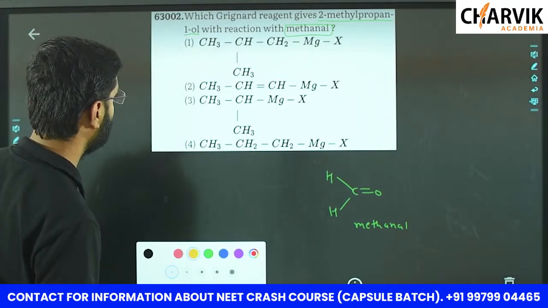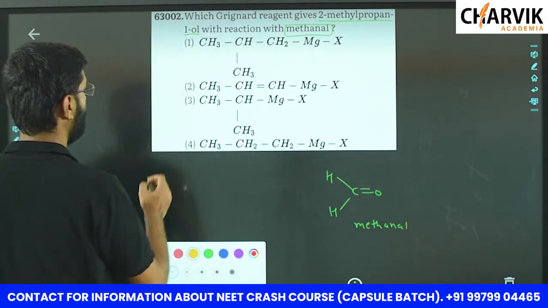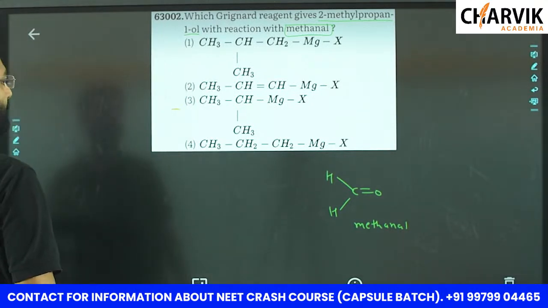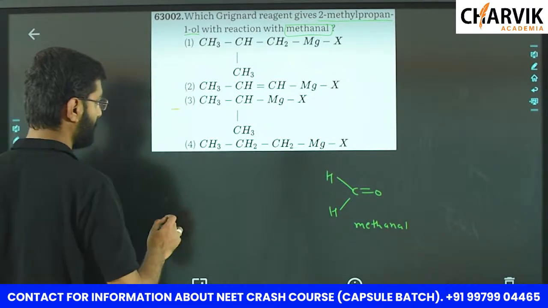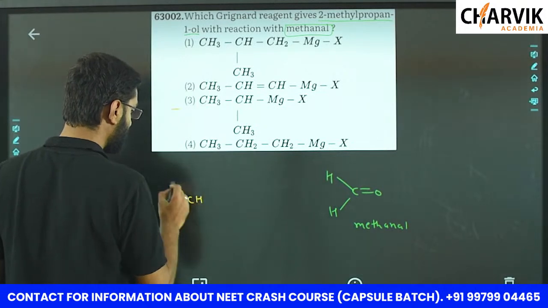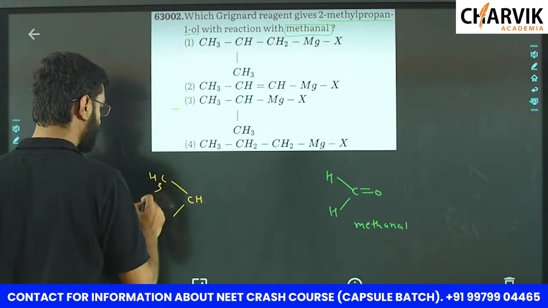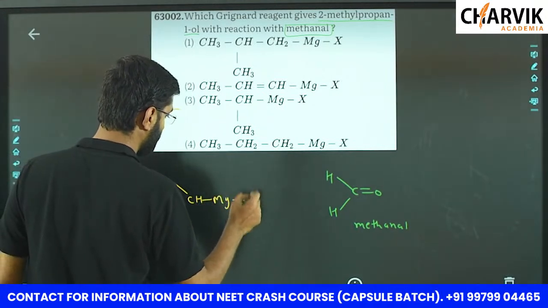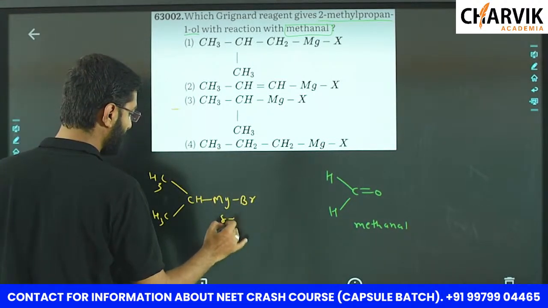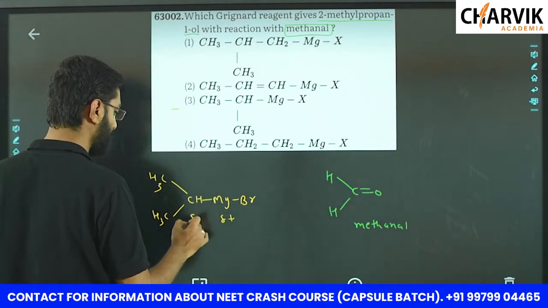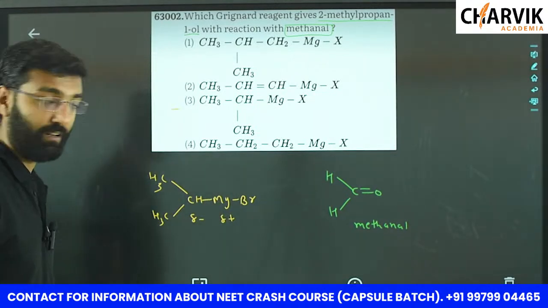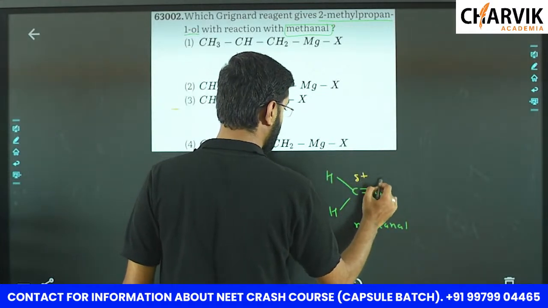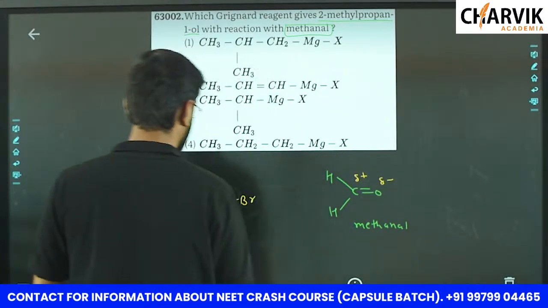Okay, according to my view, third must be there, right? Okay, CH3, CH, CH3, MgBr. Now you know that in this one magnesium is partial positive and this carbon is partial negative. Okay, and again here is the carbonyl carbon, so this carbon is partial positive and this oxygen is negative.